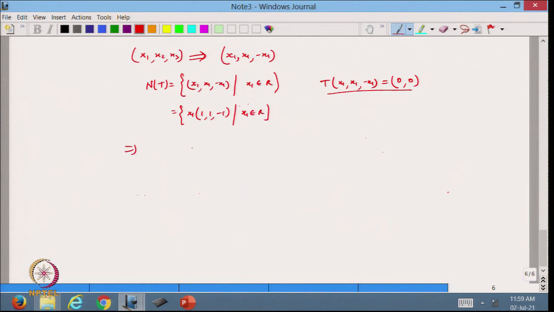So, this vector (1, 1, minus 1) spans the whole kernel of T, and from here I can say that the nullity of T is 1.